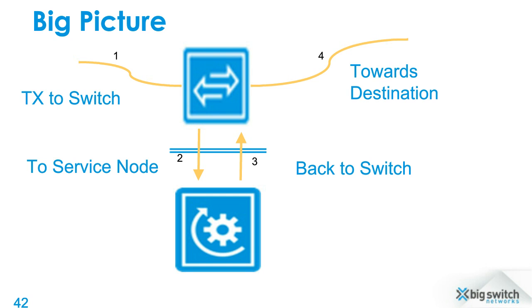So the forwarding of that frame from 2 to 3 depends somewhat on the action that you're performing on the service node. Imagine, for example, that you're doing slicing, where all you're doing is chopping off the end of a frame. In that case, all the frames that come in get returned, hairpinned out. But the frames that are hairpinned out are now truncated compared to the original frames.